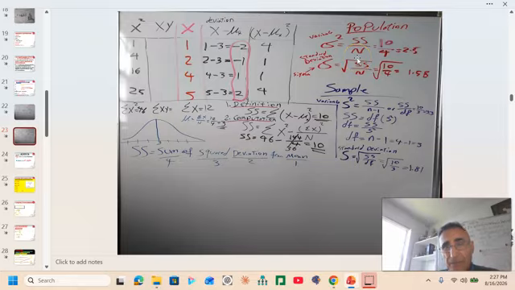N is the number of participants or scores. So 10 divided by 4 is 2.5. That's your variance. If I ask for the standard deviation, you should know that the square root of variance is the standard deviation. So the square root of 2.5 is 1.58.